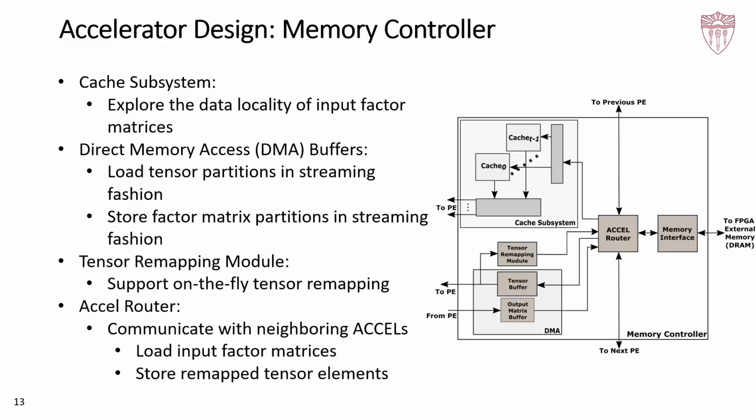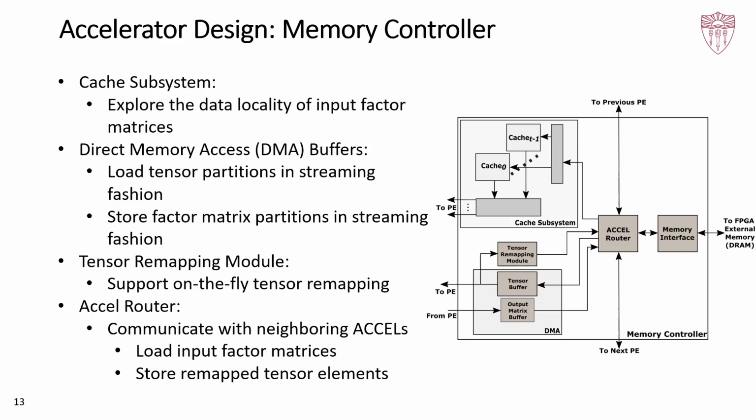And in the memory controller, we can divide it into two sub-modules. First one is the cache subsystem, where we use the cache subsystem to exploit the data locality of input factor matrices. And we have DMA, or direct memory access, buffers to load tensor partitions in a streaming fashion and store factor matrix partitions in a streaming fashion back to the FPGA external memory.